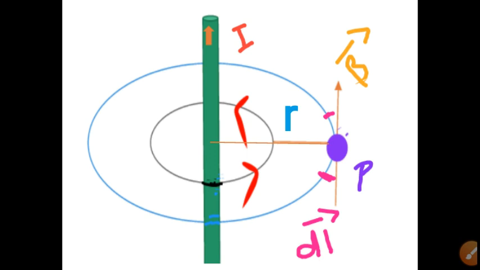Suppose at the point P the magnetic field is vector B. Now consider a small element of the Amperian loop, vector dl, and we can find its direction by drawing a tangent there. Moreover, you know the direction of the magnetic field around the circle is in concentric circles. Therefore, at that point the direction of the magnetic field also will be along the tangent. Therefore, both B and dl will have the same direction, along the tangent.